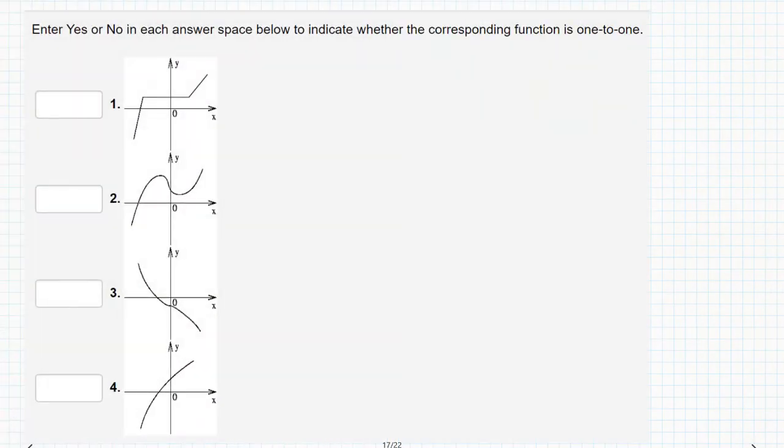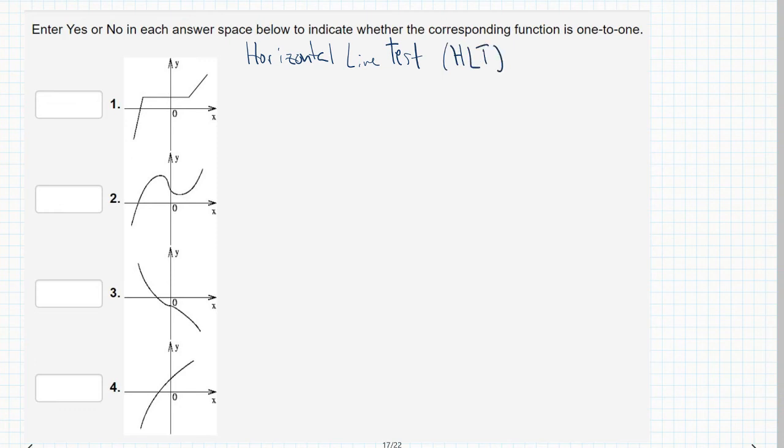Enter yes or no in each answer to indicate whether the corresponding function is one-to-one. We have to pass the vertical line test first, but after we pass that we're trying to determine if it's one-to-one. The big check is the horizontal line test, which I'll abbreviate HLT.